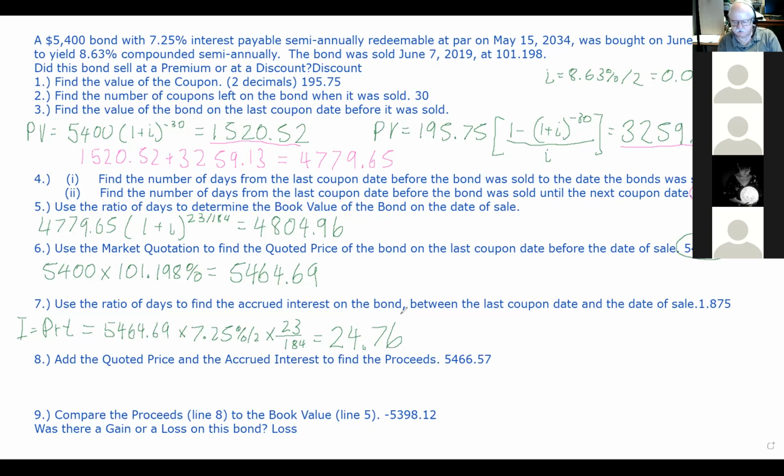Let's try that calculation again, because we're not getting quite the right answer there. 7.25% divided by 2 equals that.